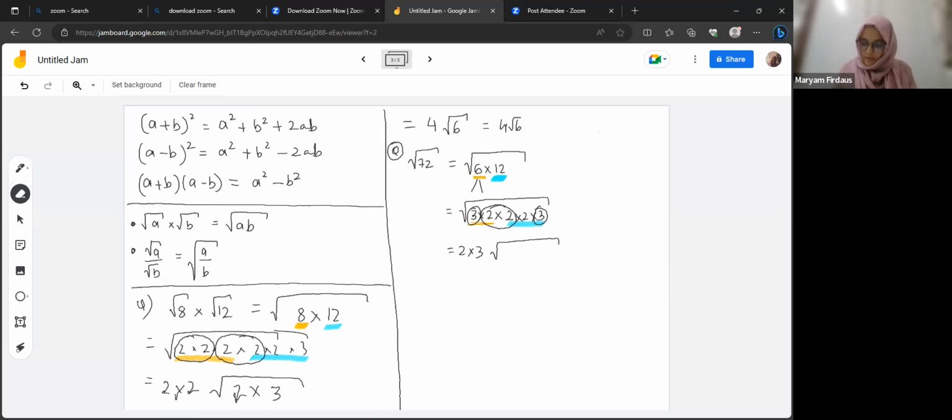So we write root 2. What is 2 into 3? 6. And under the root we have 2. So the answer is 6 root 2.